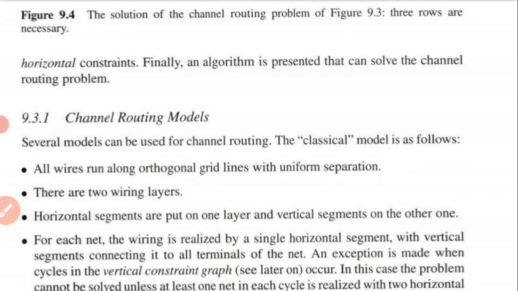All wires run along the orthogonal grid lines with uniform separation. For each net, the wiring is realized by a single horizontal segment with vertical segments connecting it to all terminals of the net.